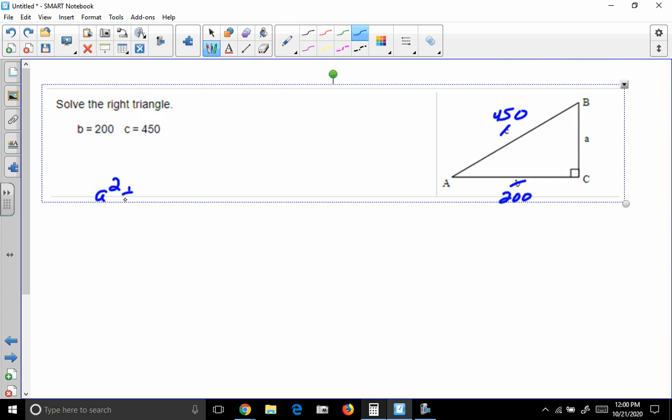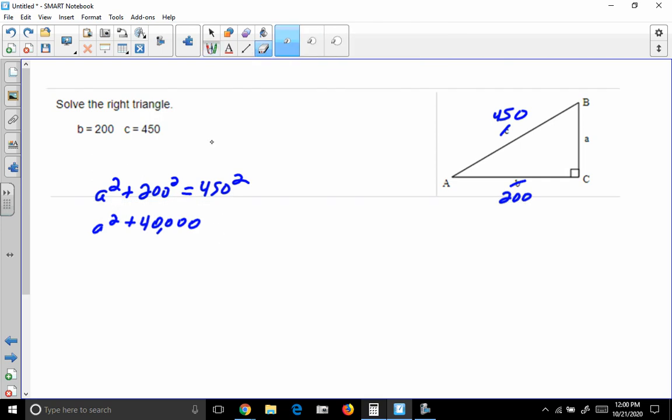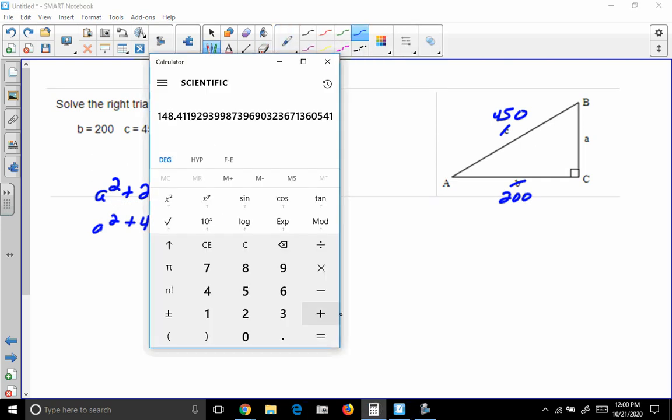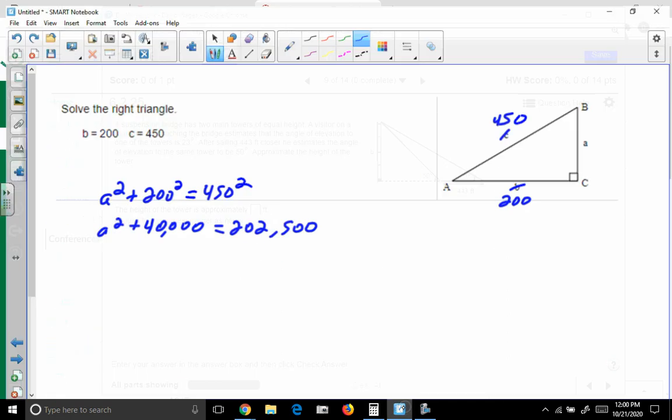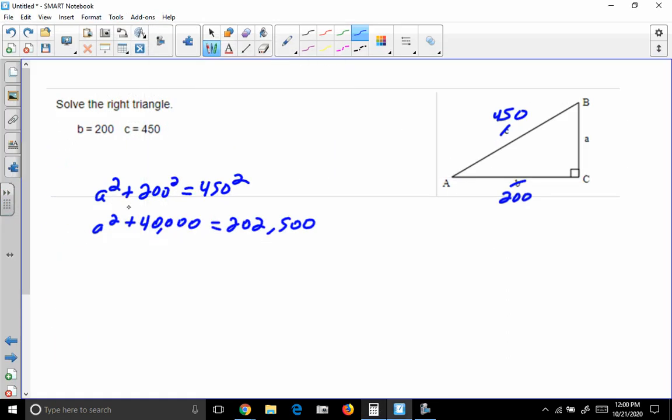So A squared plus the other side squared equals the hypotenuse squared. So A squared plus 40,000 equals 450 squared, 202,500. Subtract 40,000 from both sides.